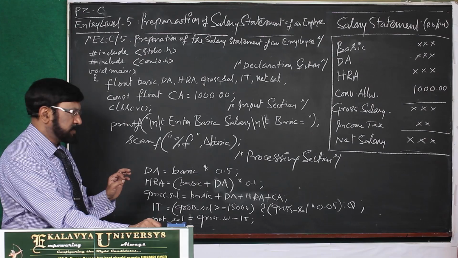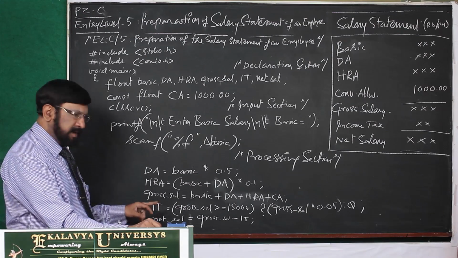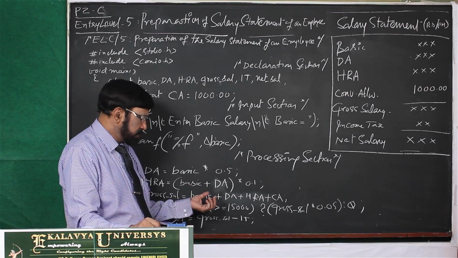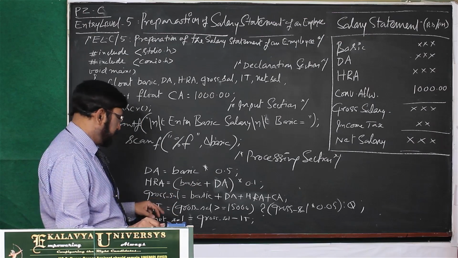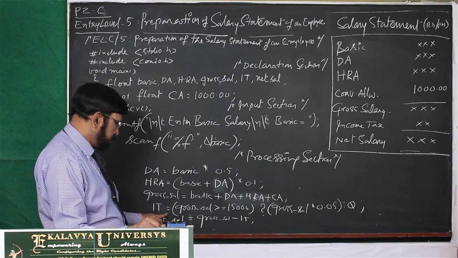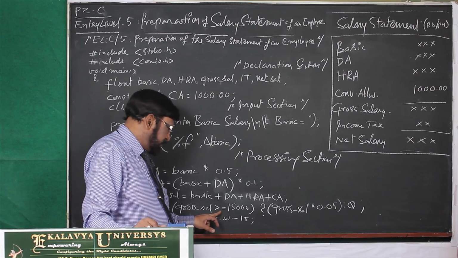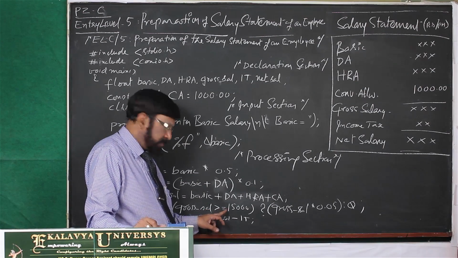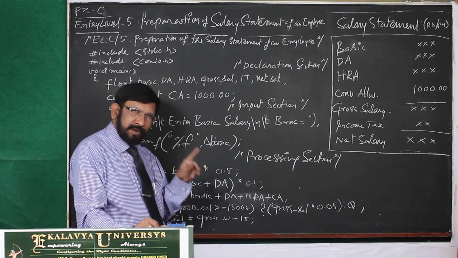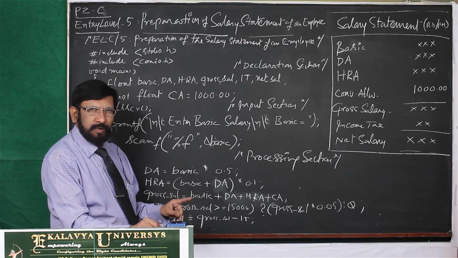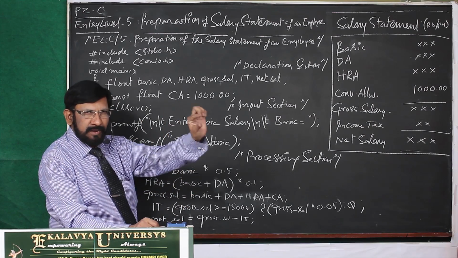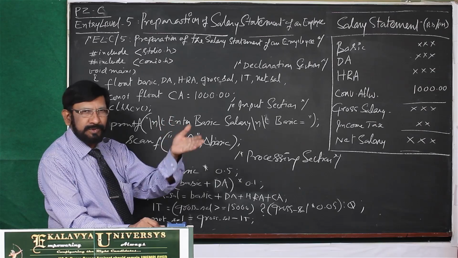Thereafter, the income tax provision. For calculating the income tax provision, I am using conditional operators. Now you see how it works. IT is equal to gross salary is greater than or equal to. Don't forget this: the income tax provision is applicable to those employees who are drawing exactly 15,000 or more.